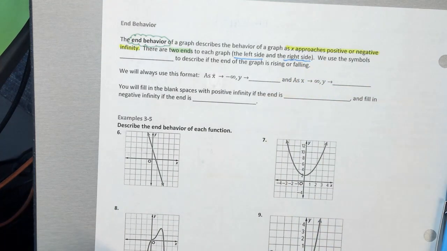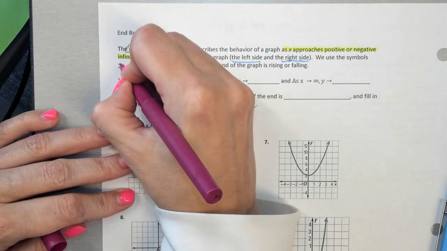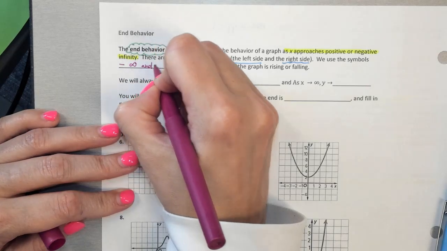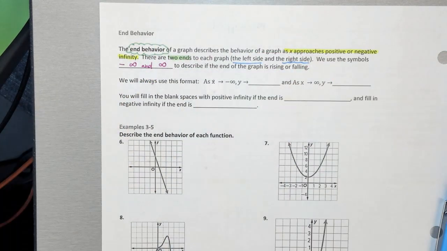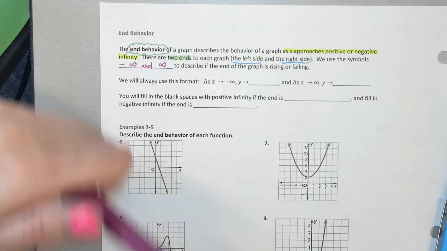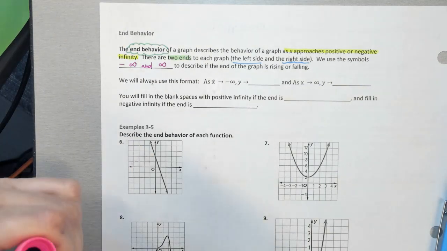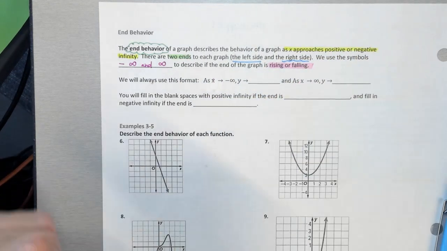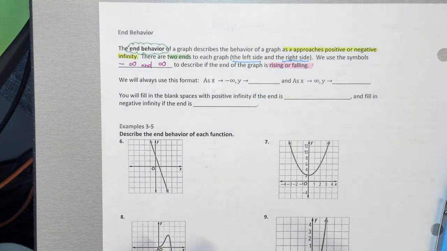We're going to use the symbols negative infinity and positive infinity, which is just infinity, and we're going to use that to tell if the graph is rising or falling.